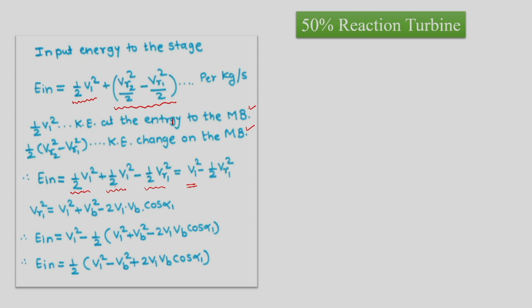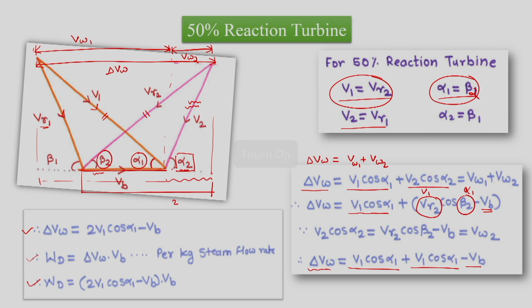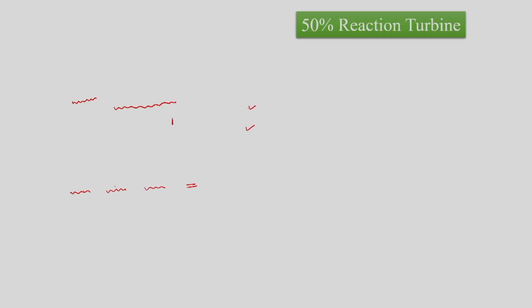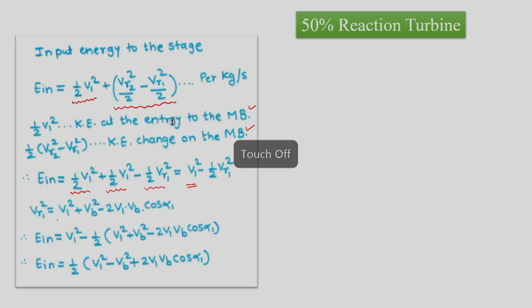But if we go back and see what VR1 is, from the velocity triangle we can write VR1 square is equal to V1 square plus VB square minus twice V1 VB cos alpha 1.